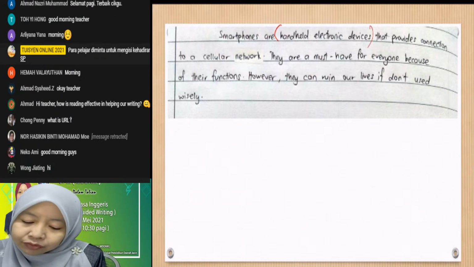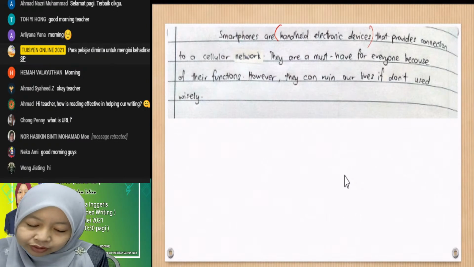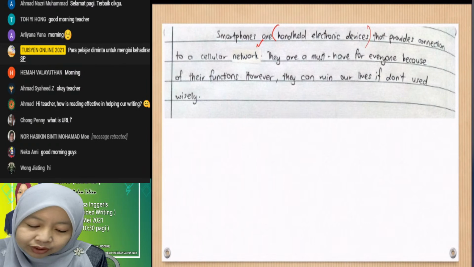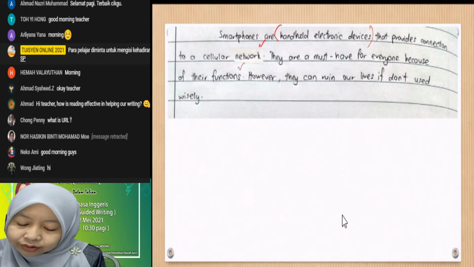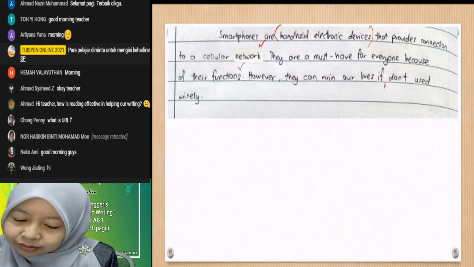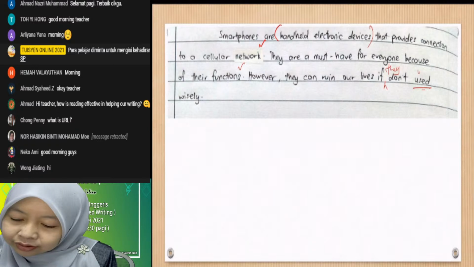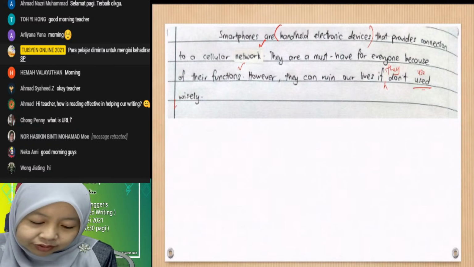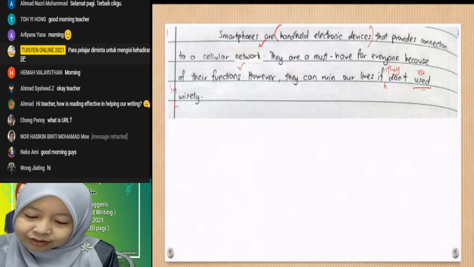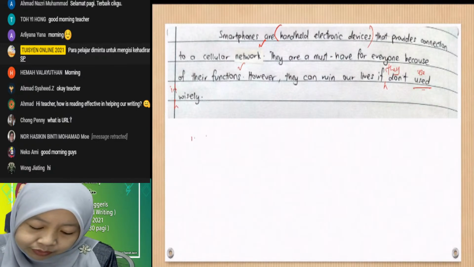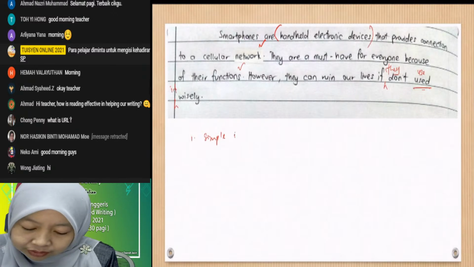Now let's check on the errors first. Smartphones are handheld electronic devices that provides connection to a cellular network. No errors. They are a must-have for everyone because of their functions. However, they can ruin our life if they don't use, okay, they don't use it wisely. So what I can conclude from the first paragraph, it is a simple introduction.